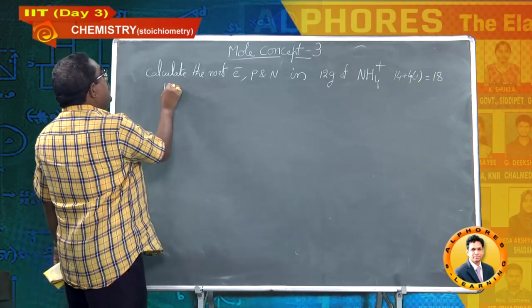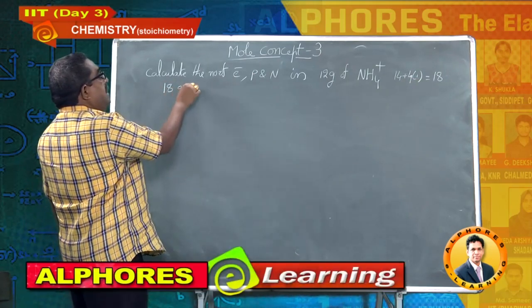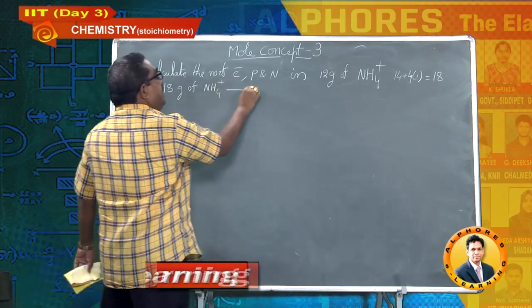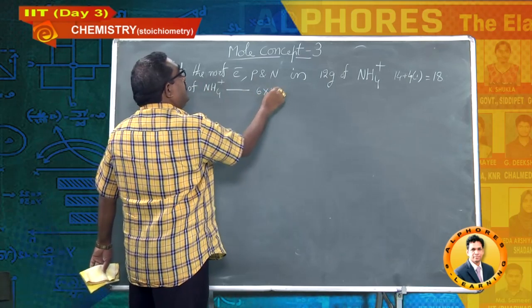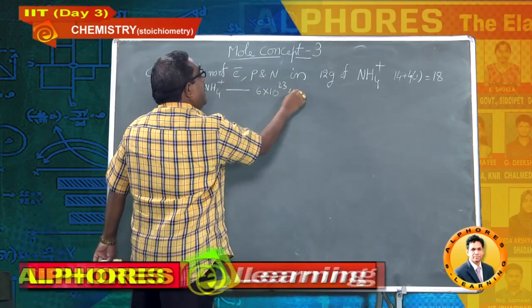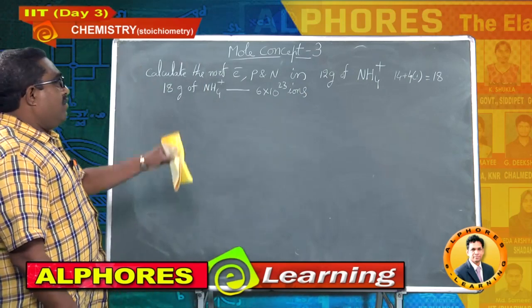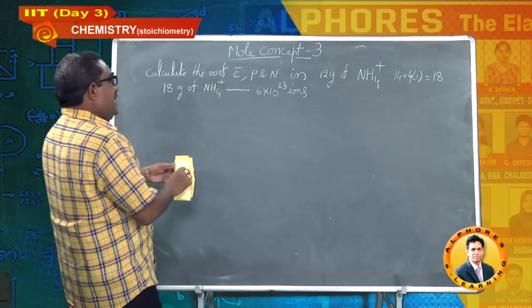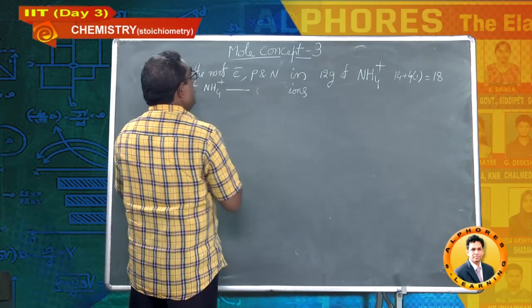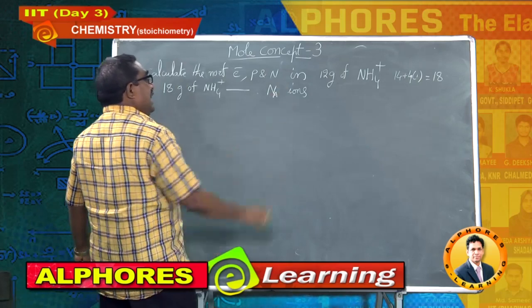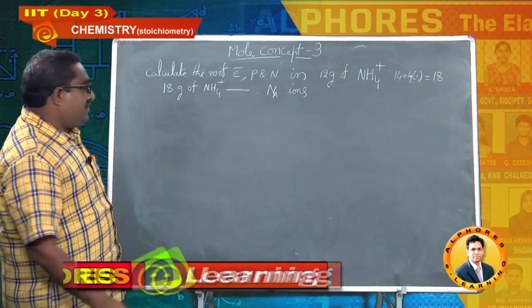So, simply you can write 18 grams of ammonium contains 6 into 10 power 23 ions. So, this time directly I am going to write with Avogadro number, students. Simply I can write it as, instead of all this, Na, Avogadro number, Na ions.